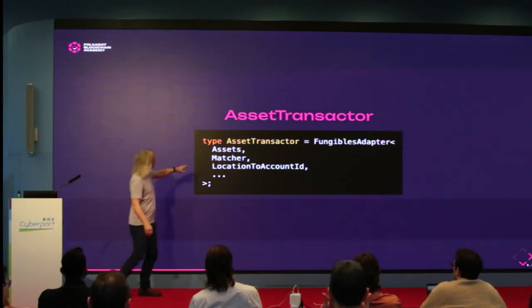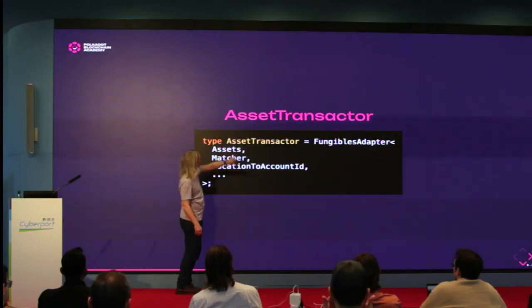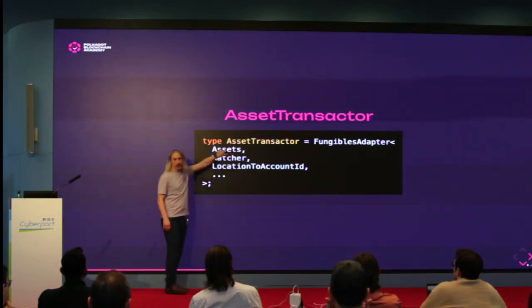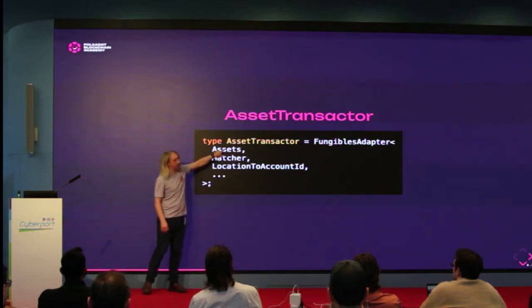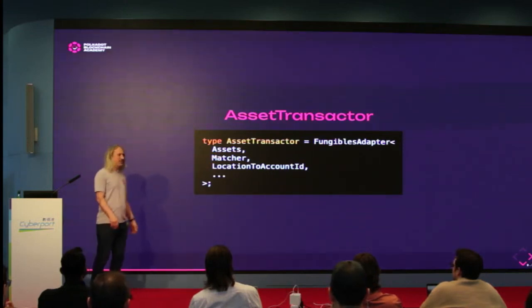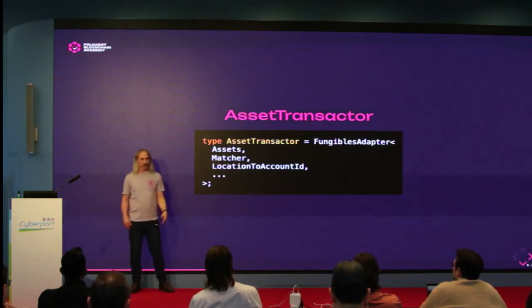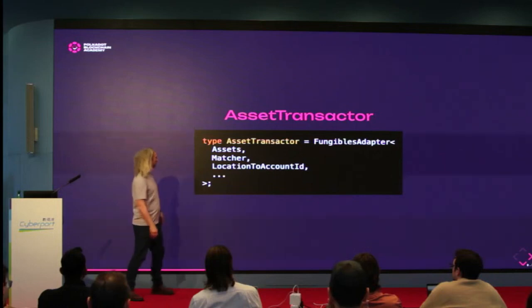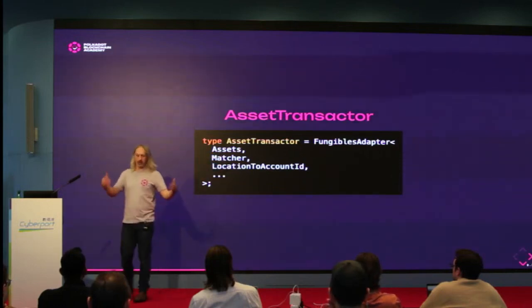So it needs a matcher, which is basically us mapping asset IDs into specific types of assets. Now, if the asset type in our assets pallet happens to be a location, exactly the same thing as the asset ID, then of course this can just be an identity thing. It can just check whether the assets pallet contains the ID being asked.